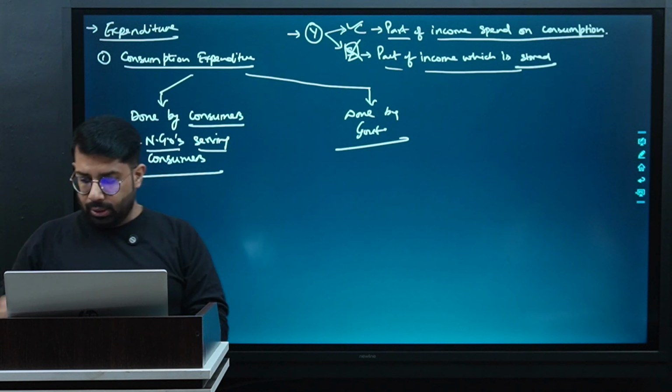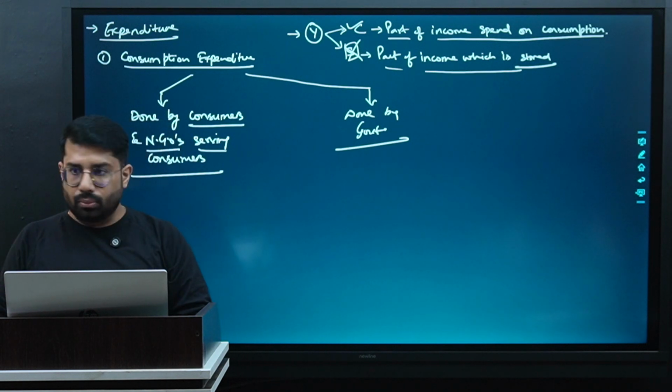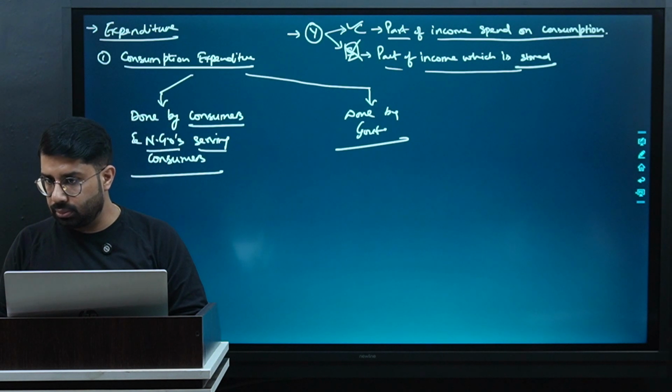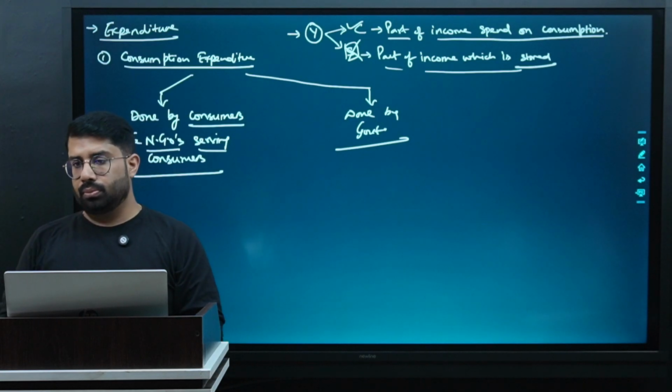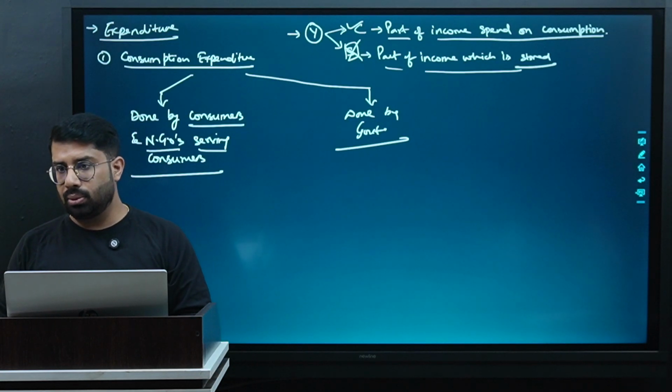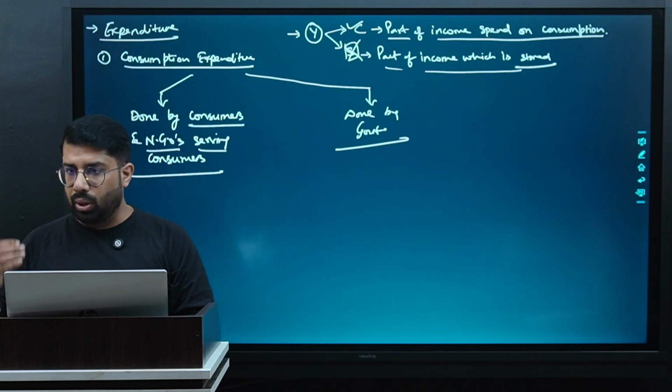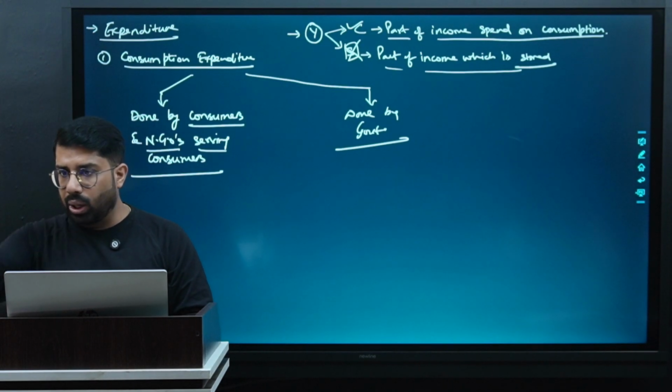Very good. Now, any NGOs spend on final consumption only, but if they spend on anything else like education, that is also final consumption. If an NGO is spending money on education, you are the consumer.